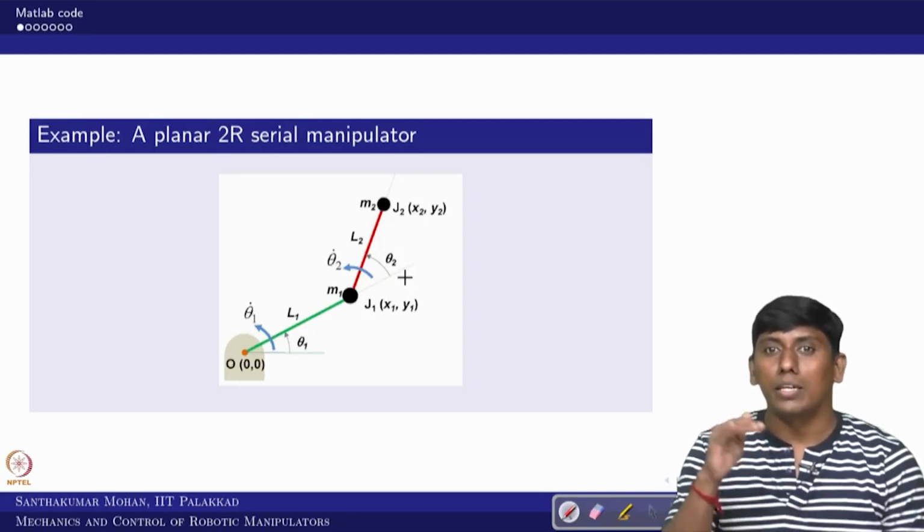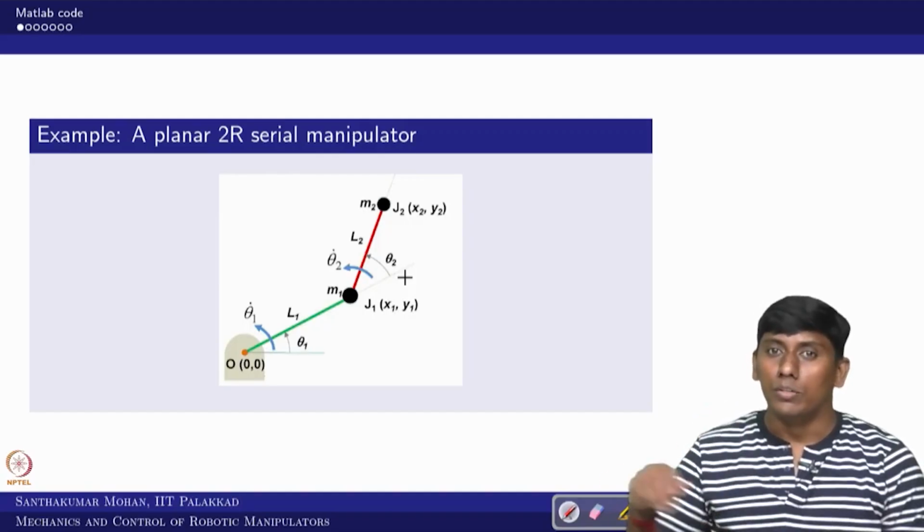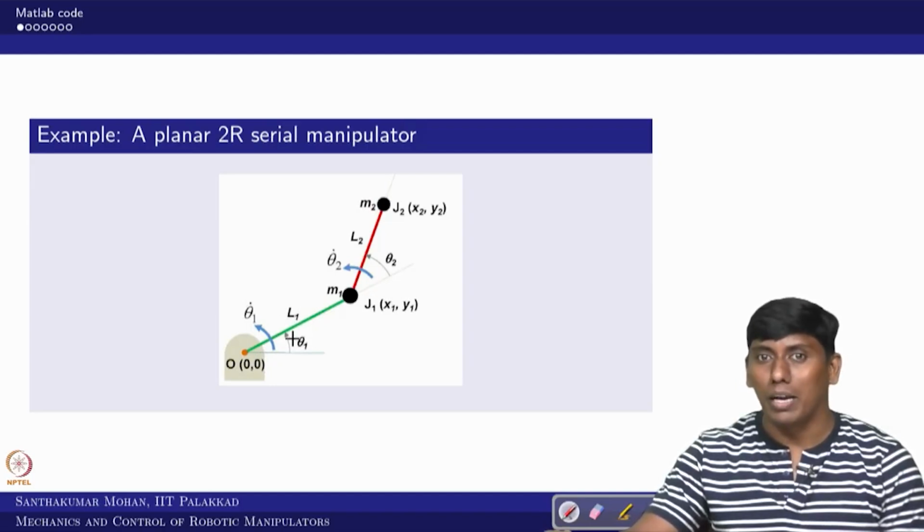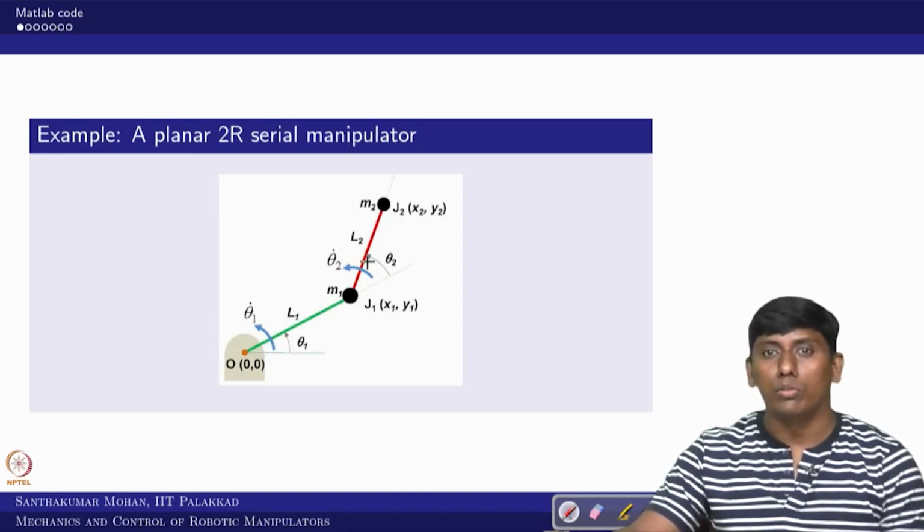Right now what we require is the centroidal location. In this case the link 1 mass, M1, is concentrated at the point J1, and there is no inertia, it is a point mass. Similarly the second link mass M2 is concentrated at the J2 point. If you recall your frame arrangement, along L1 is assigned the x1 axis, and along L2 the x2 axis.